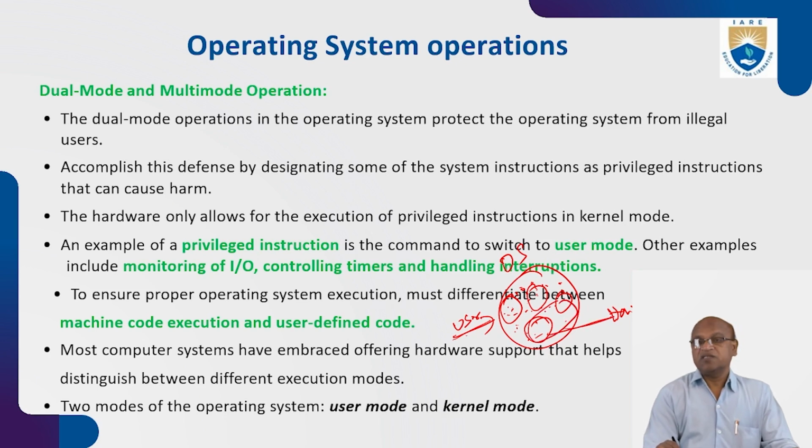What the user wants, the OS gets done through the hardware. This is called kernel mode. So the two modes of the operating system are user mode and kernel mode.